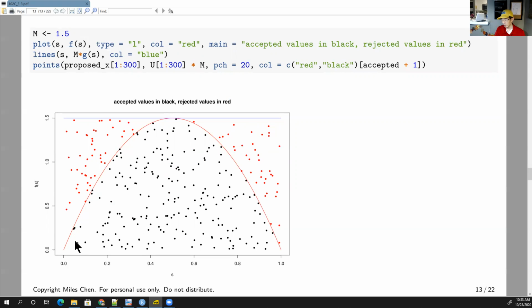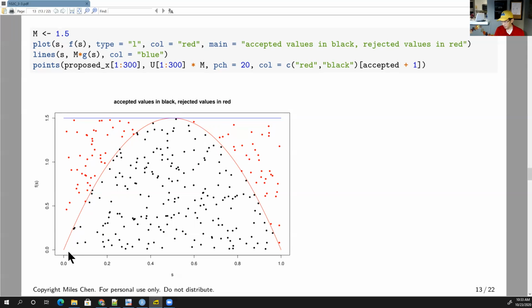So what I've got going on here is it proposes this in red, or in red and black. All these dots are values that it proposed in the uniform. And the vertical is basically, did we accept that value or not? So we go from 0 to 100%.